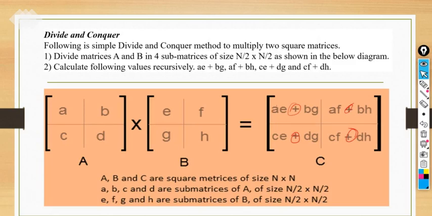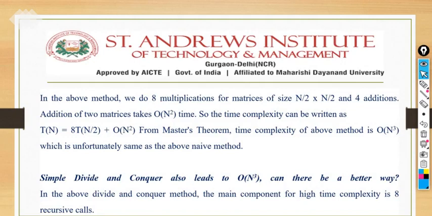How many multiplications? 1, 2, 3, 4: d into h, c into f, c into e, d into g. In total 8 multiplications and 4 additions are there in the resultant. So 8 multiplications of matrices of n by 2 by n by 2, and 4 additions, right?